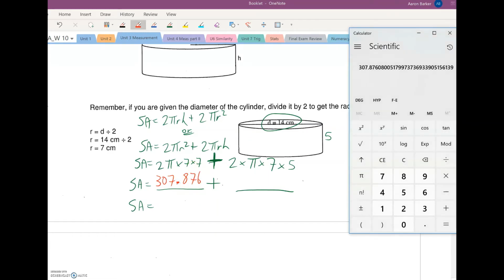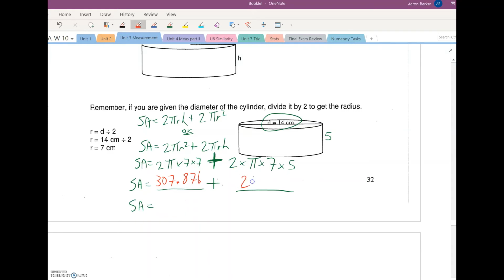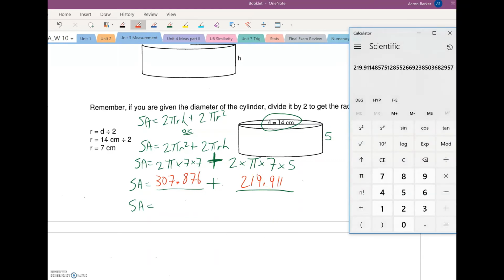Then the other one, 2 times pi times 7 times 5, 219.911. I'm going to double check that. Yep, so then I'll just add the first one. So add these two numbers together now, 307.876. Add them up, 527.787.